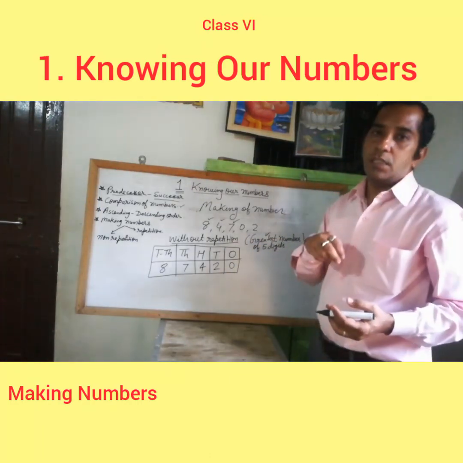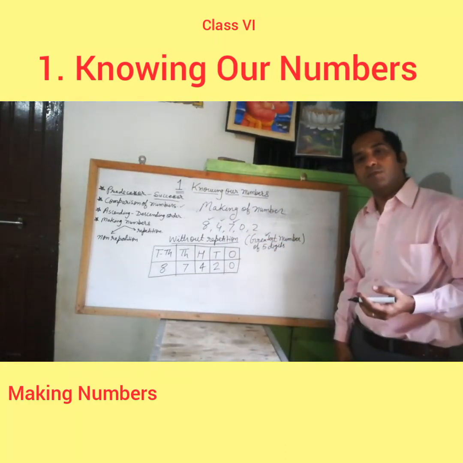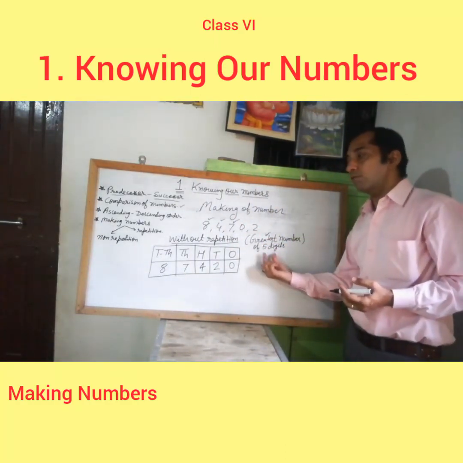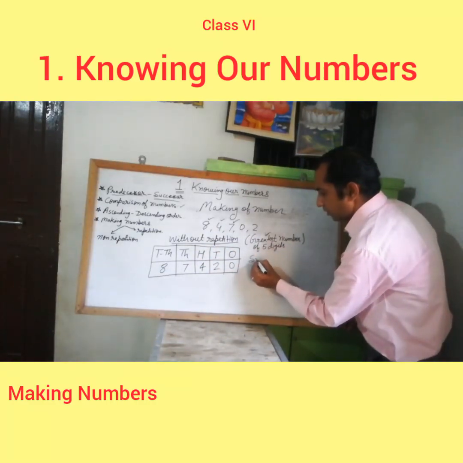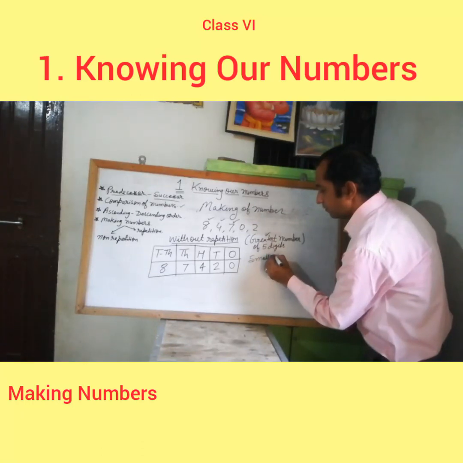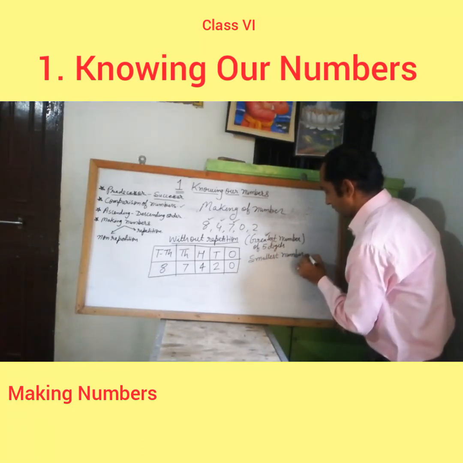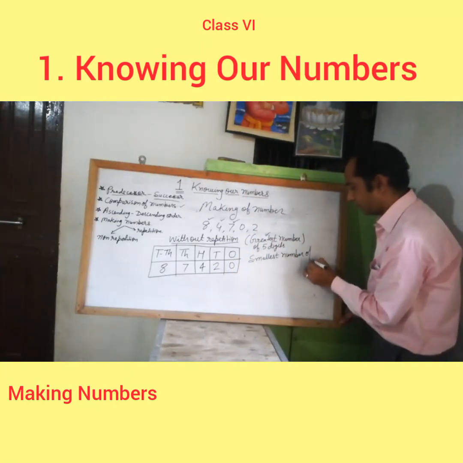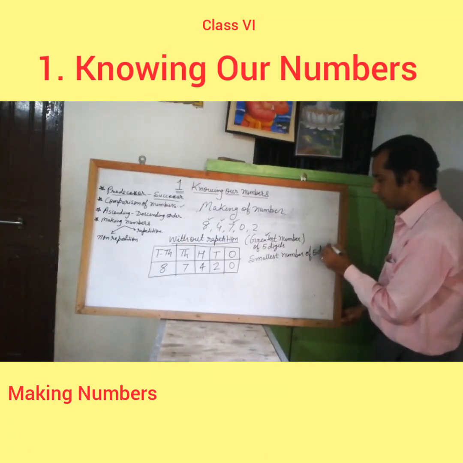Now the question can be asked: write the smallest number of the 5-digit number without repetition. So what will you do? Smallest number of 5-digit. Clear?